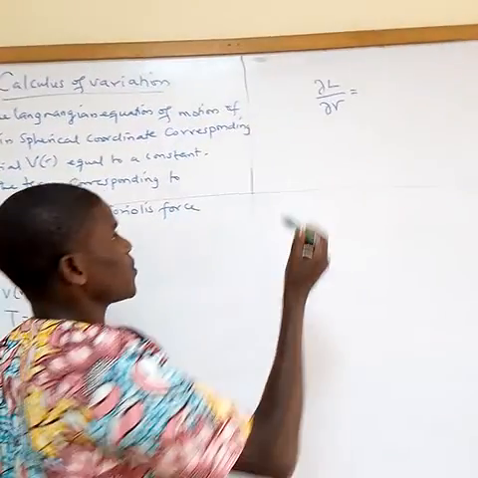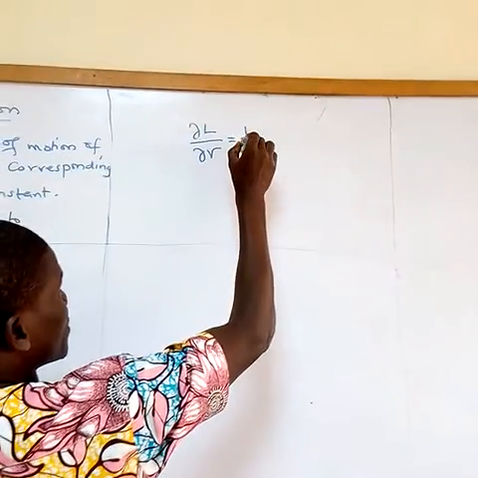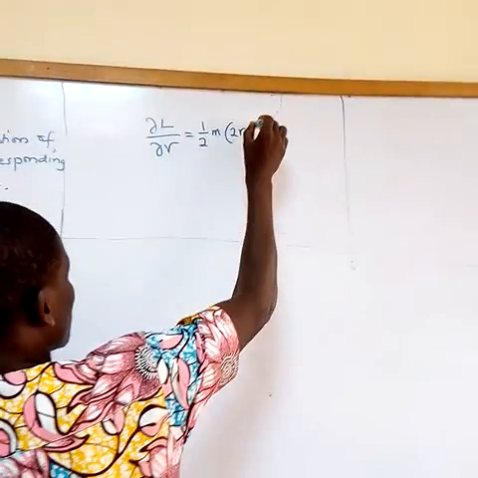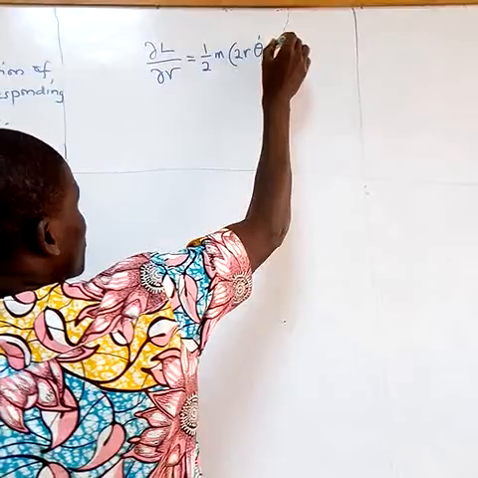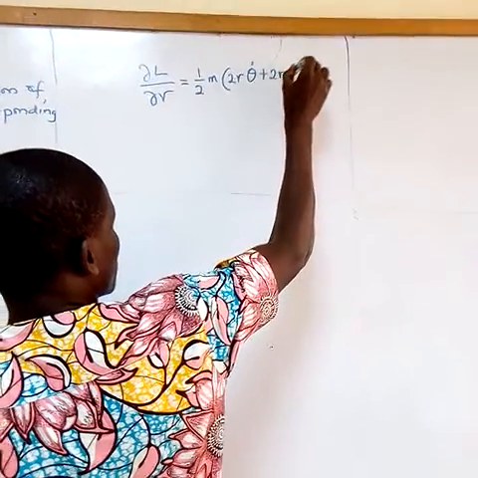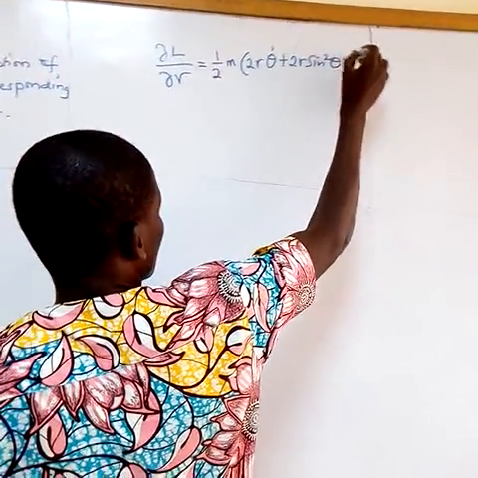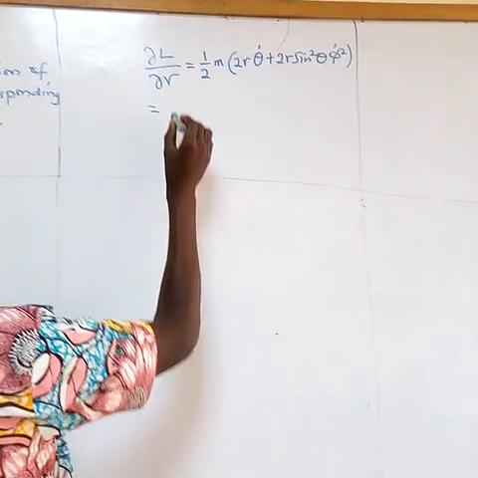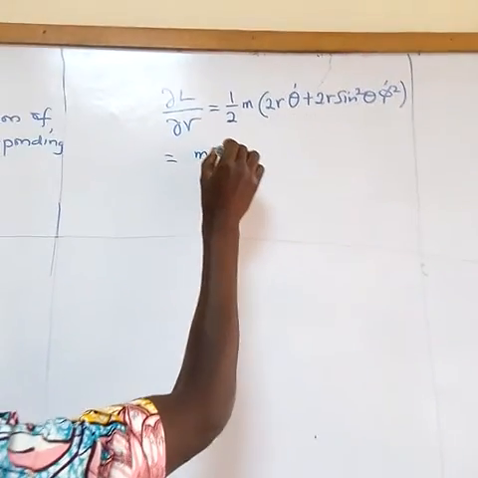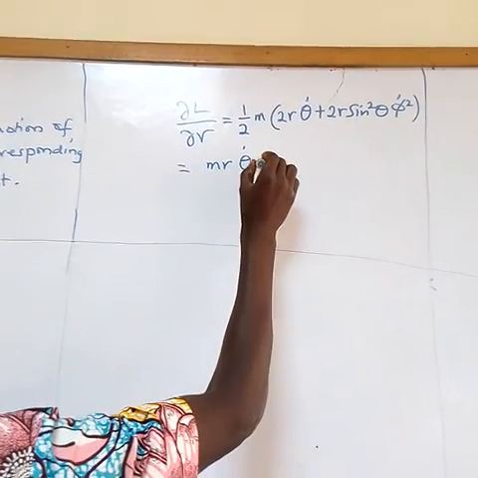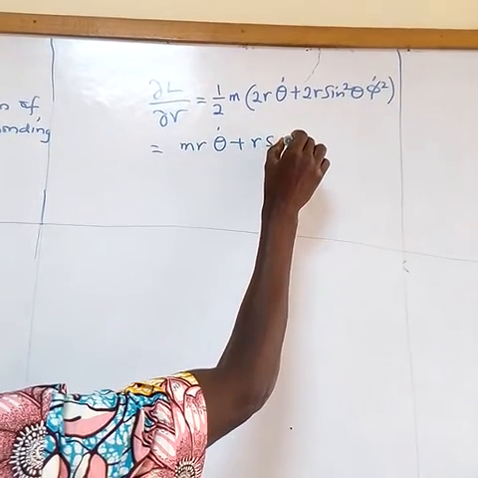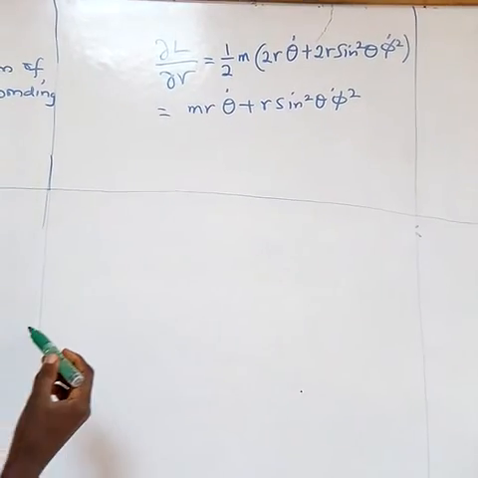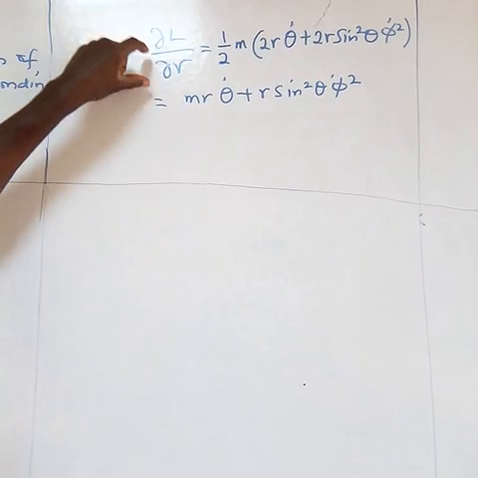So we are going to have 1 over 2m into bracket 2r theta dot plus 2r sine squared theta phi dot squared. So this one is going to definitely give us mr theta dot plus r sine squared theta phi dot squared. That is the expression for partial of L by partial of r.